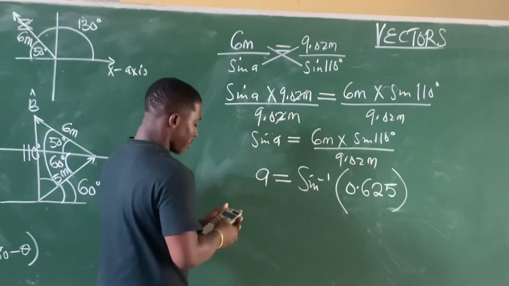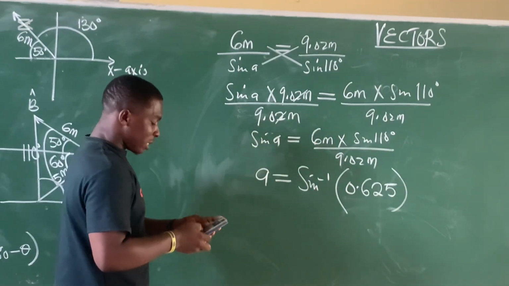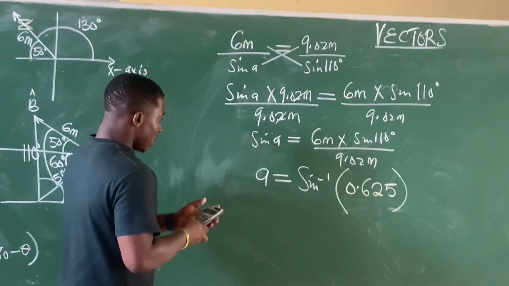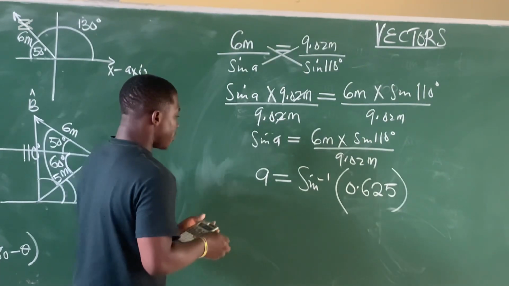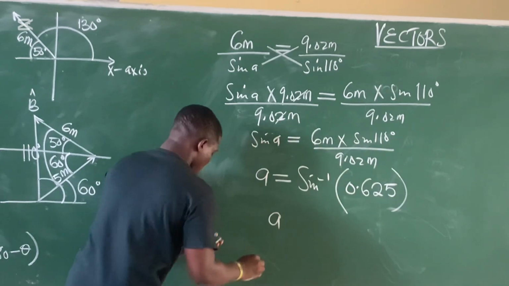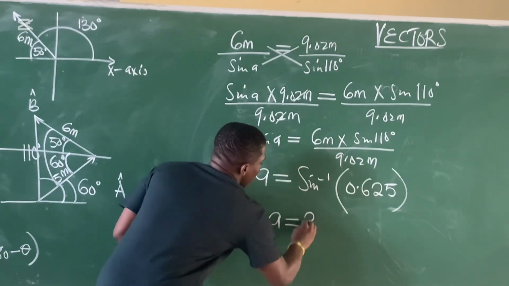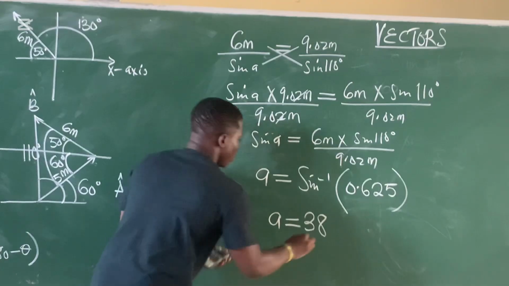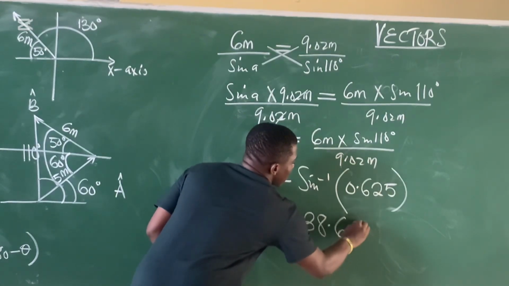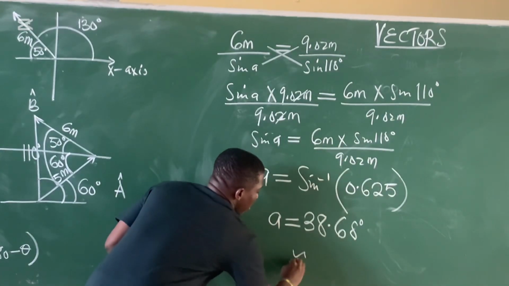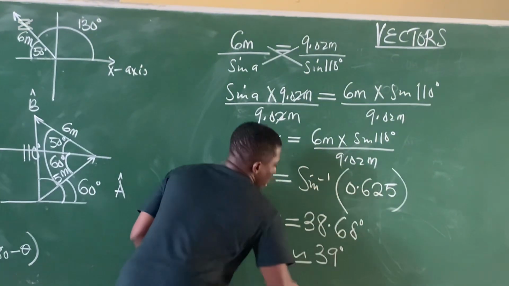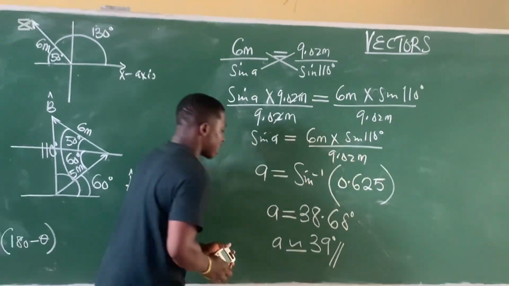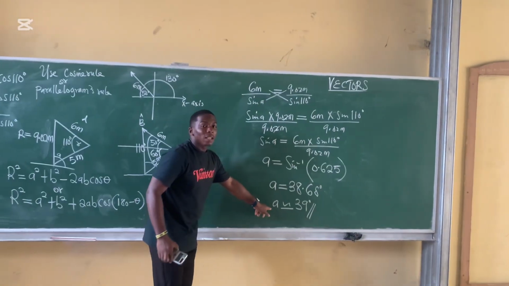So sine inverse of 0.625, second function of sine 0.625. It means my angle A is equal to 38.68 degrees, which is approximately 39 degrees. So my angle is 39 degrees.